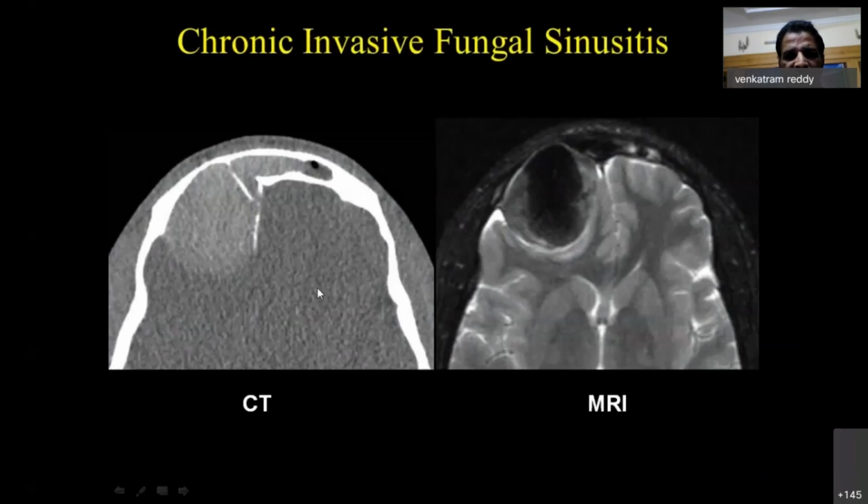This is a tumor-like, indolent condition, with a frontal sinus lesion here. There are homogeneous hyperintense shadows on CT, and it can be completely signal void or low intensity on MRI. This is rather pathognomonic of chronic invasive fungal sinusitis, CT versus MR.